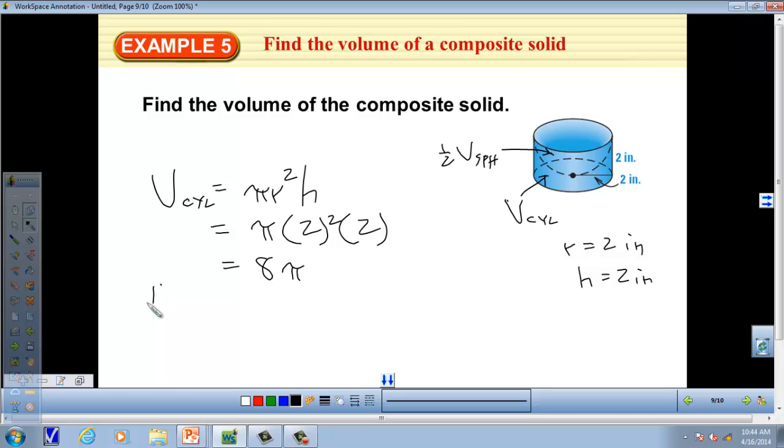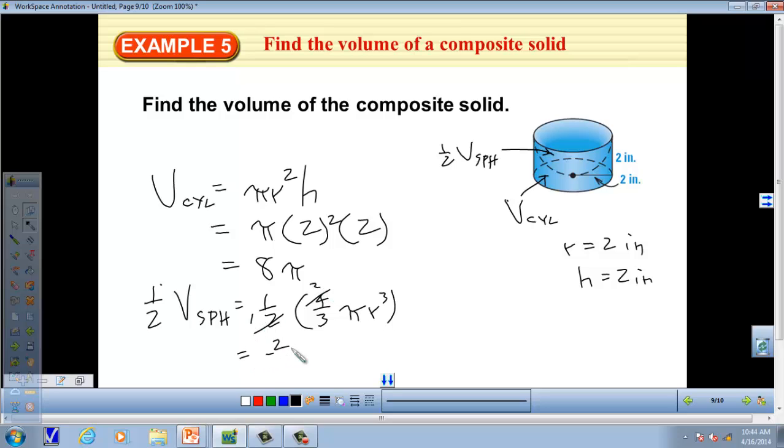So now we're going to do half of the volume of the sphere. So it's going to be half of what we would normally do, which is 4/3 pi r cubed. So I'm going to simplify a little bit here and just make this a 2 and this a 1.